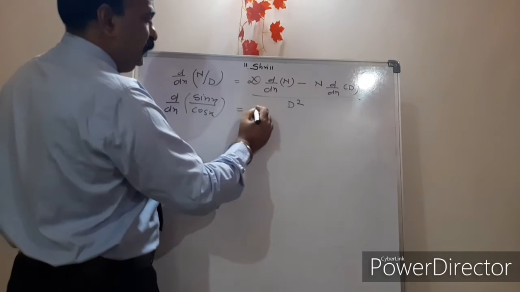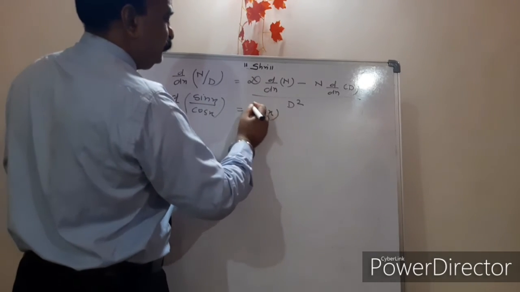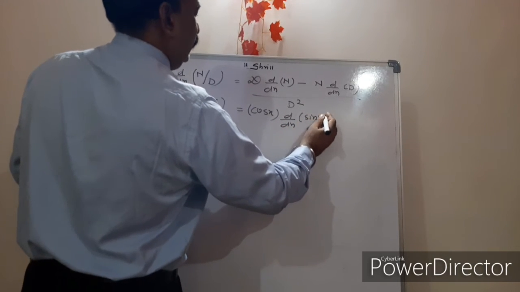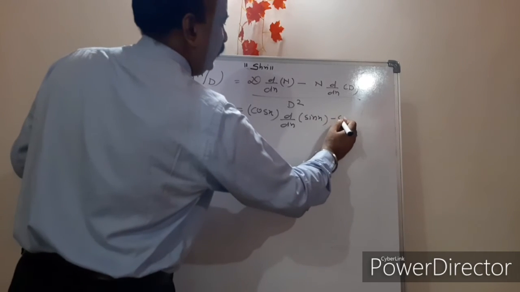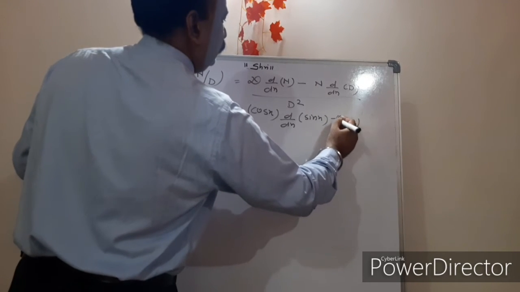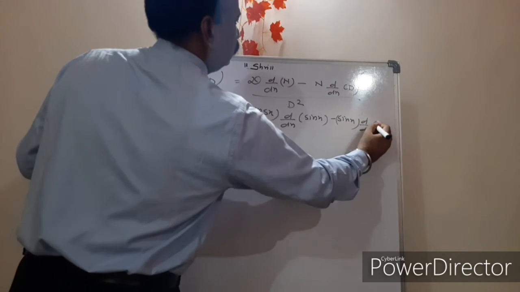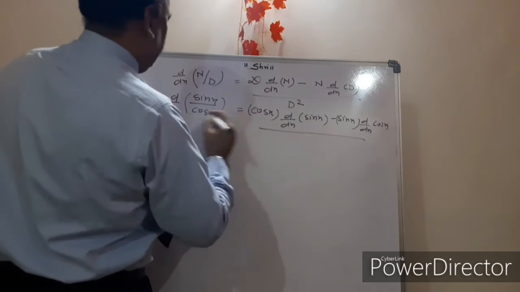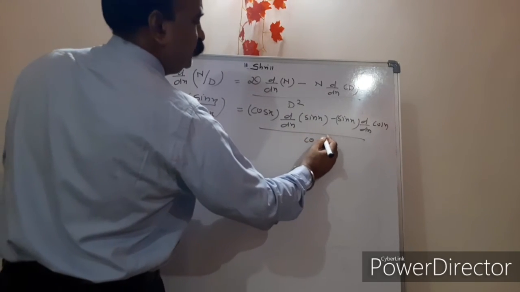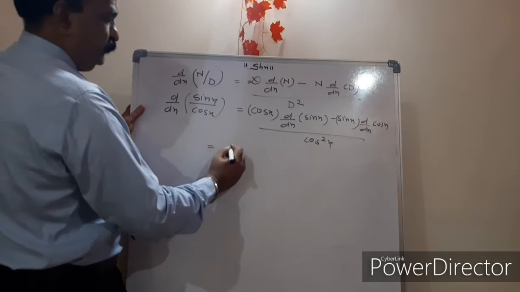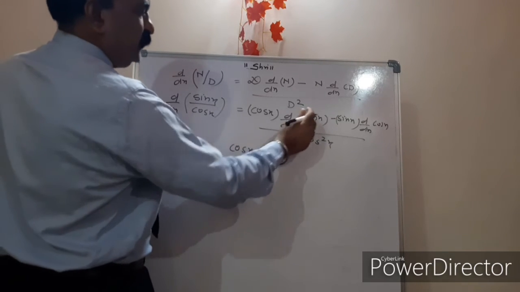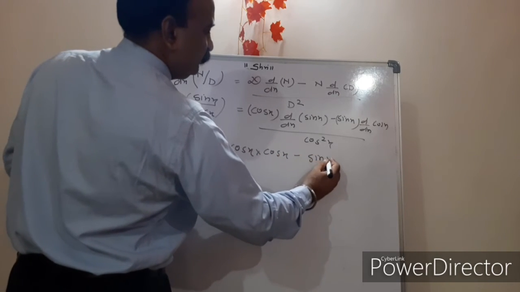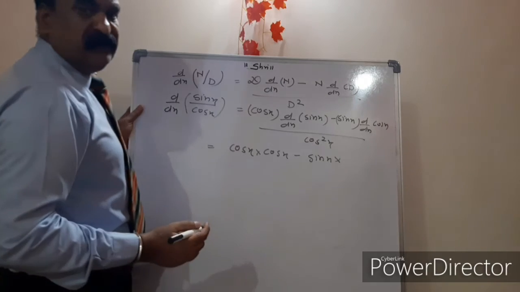Leave the denominator: cos x into d/dx of sin x, minus sin x into d/dx of cos x, upon the denominator squared, cos square x. d/dx of sin x means cos x, minus sin x into d/dx of cos x, which is minus sin x.